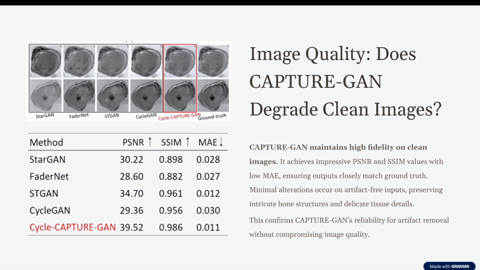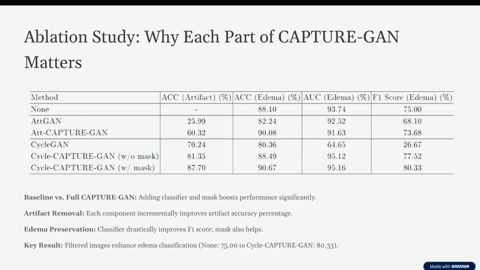CAPTURE-GAN maintains high quality on clean inputs, causing only minimal alterations while preserving intricate bone structure and delicate tissue details. This is important because it confirms the model's reliability: it is targeted at fixing artifacts without compromising already good image quality.